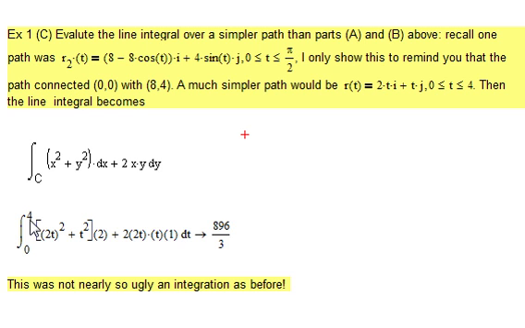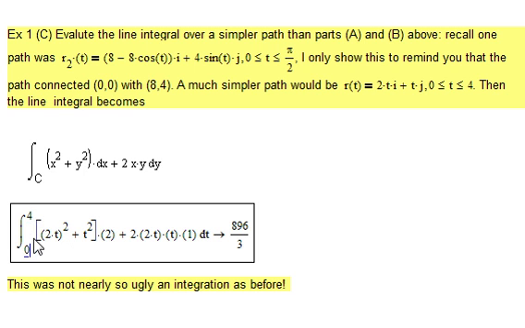When we put in 0, of course we get 0, and 4 cubed is 64. 64 times 14, I'm going to guess that's 896 over 3. So not nearly as ugly as either of the integrations before.